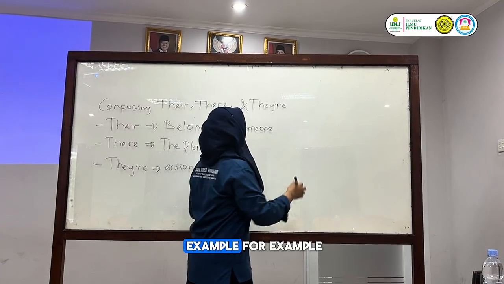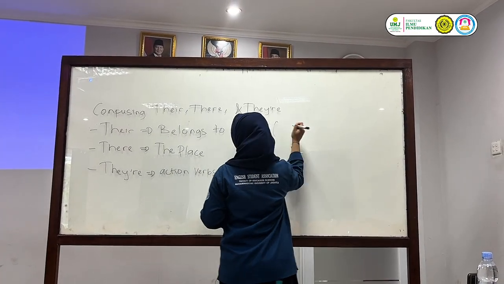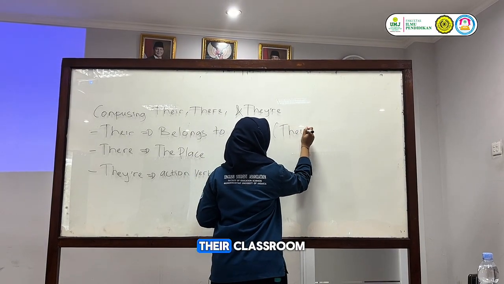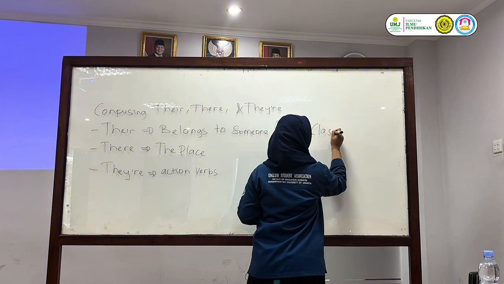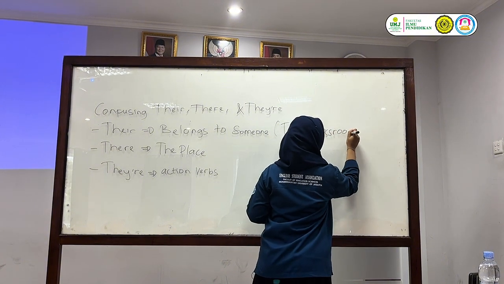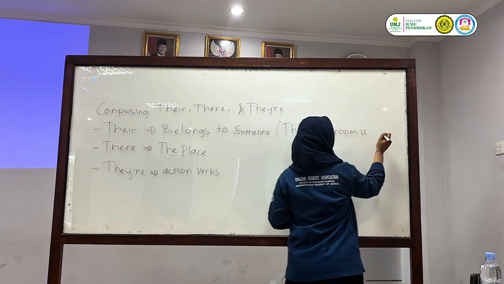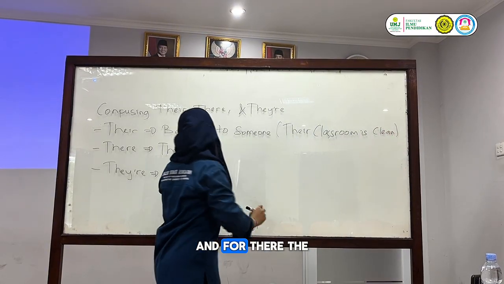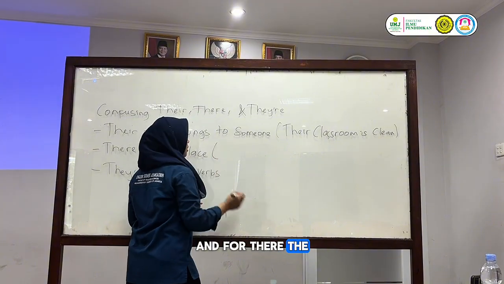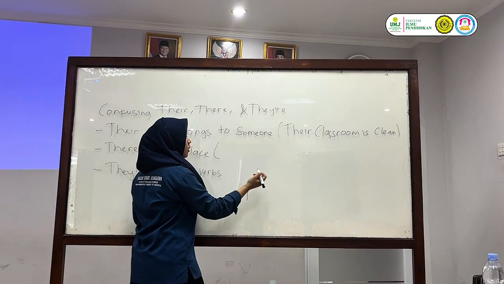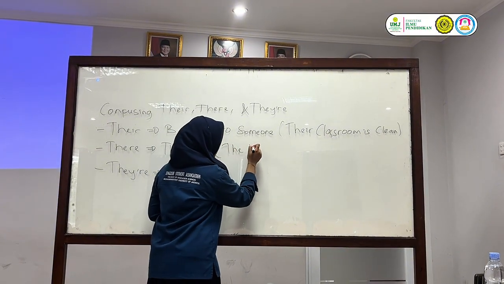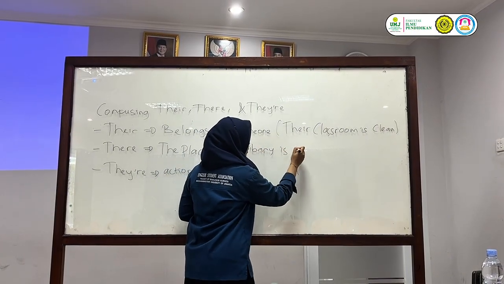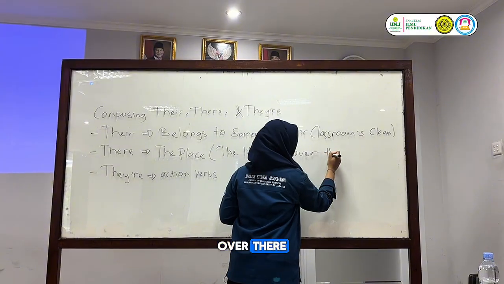I'll give you the example. For example, for their: their classroom is clean. And for there, the example it's like, oh, the library is over there.